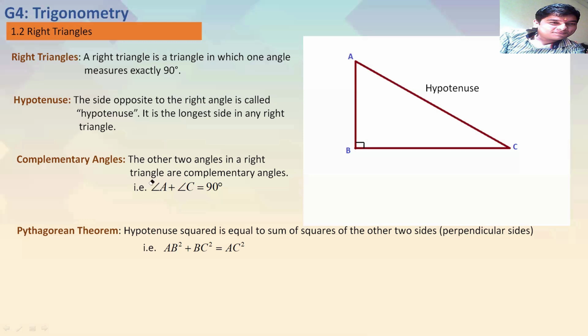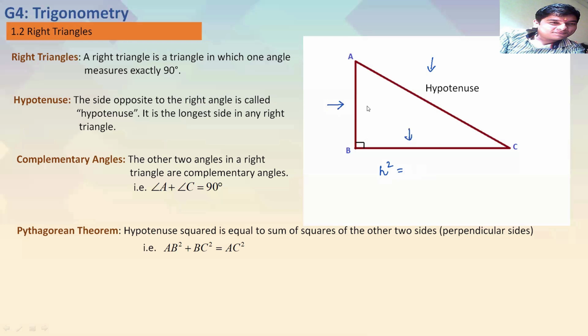It states, listen carefully, Christian, that the square on the longest side, the hypotenuse, would be equal to the sum of the squares of the other two sides, okay?